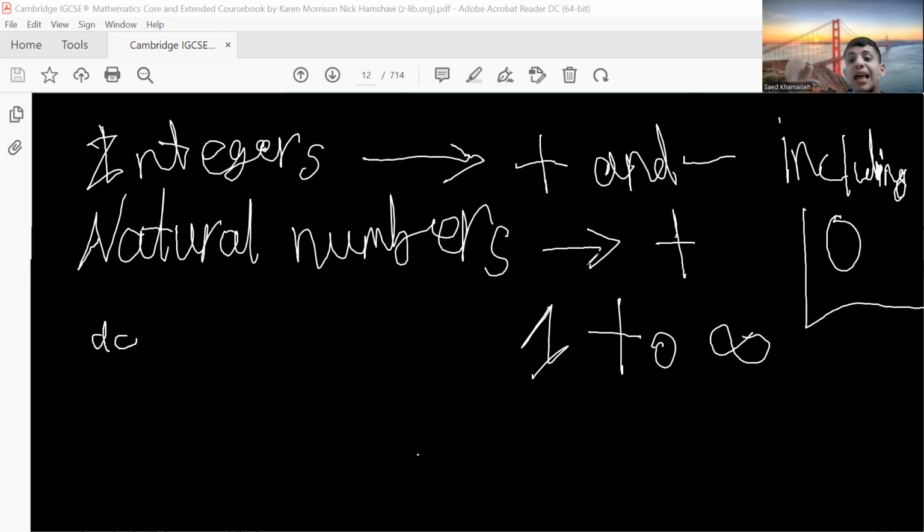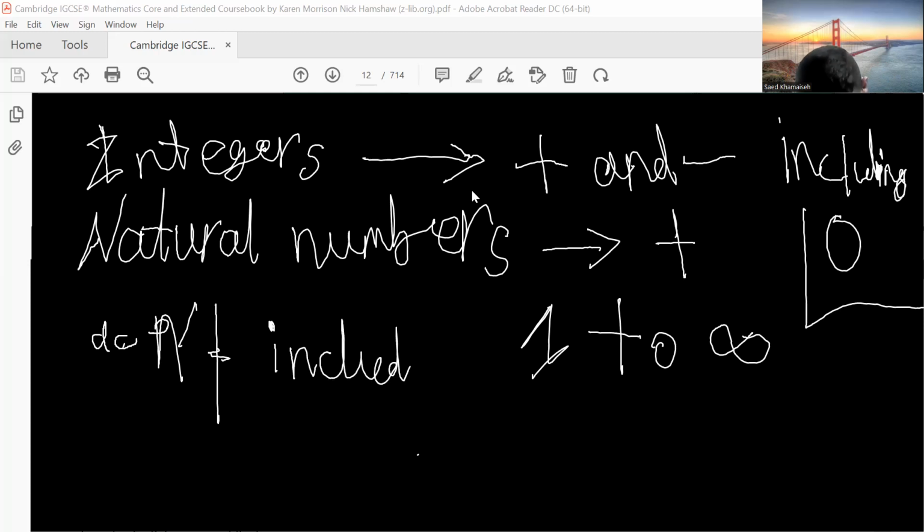So the natural numbers don't include 0. That's right now. Zero.